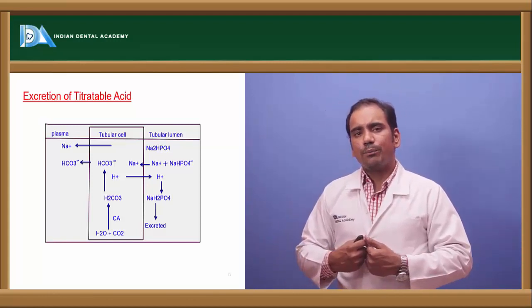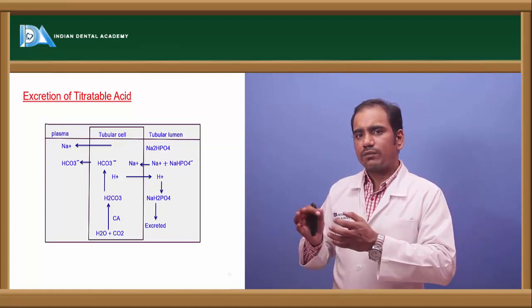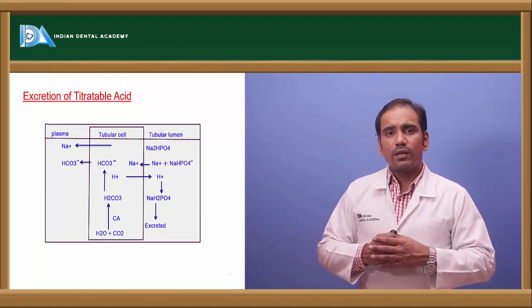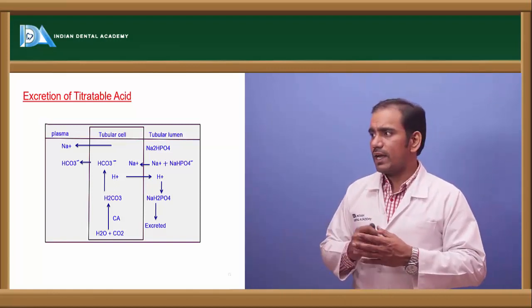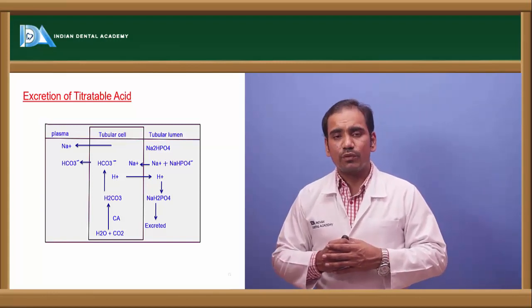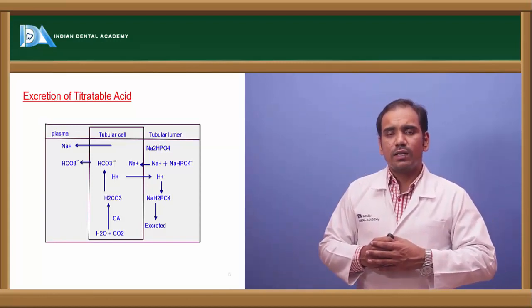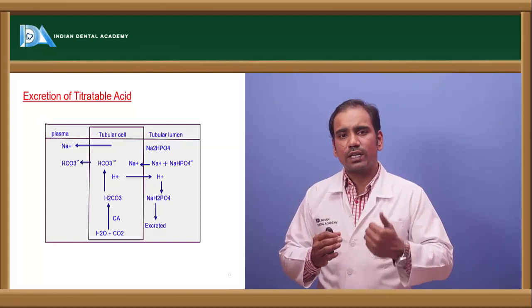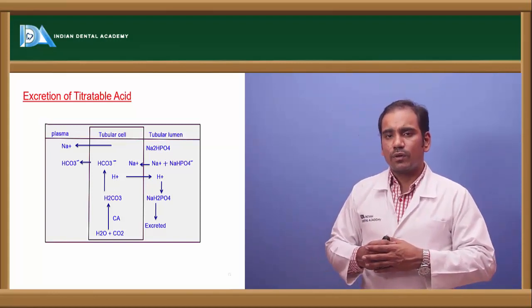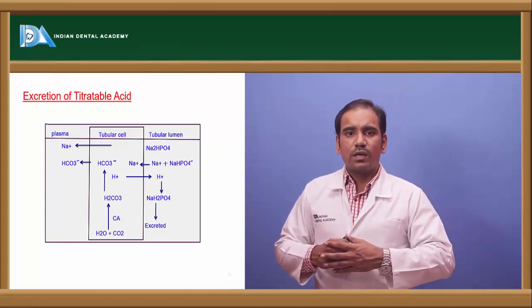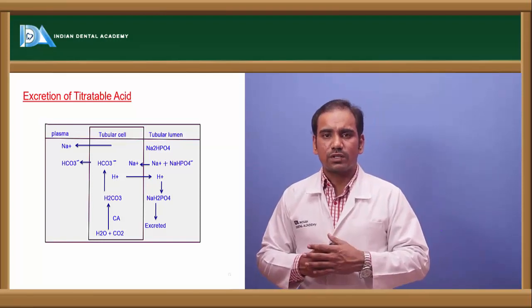Right? Now H plus ions react with the NaHPO4, which is released when disodium hydrogen phosphate is converted to Na plus and NaHPO4, right? So that it forms sodium dihydrogen phosphate.